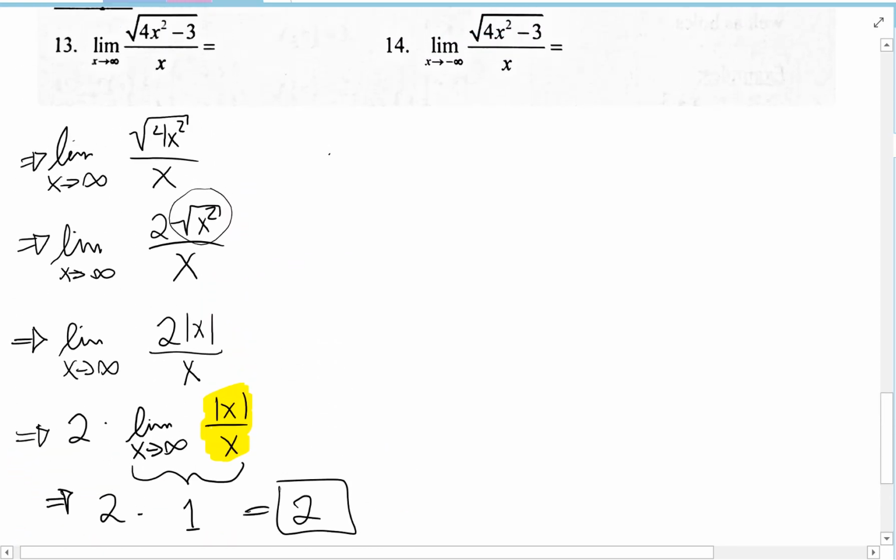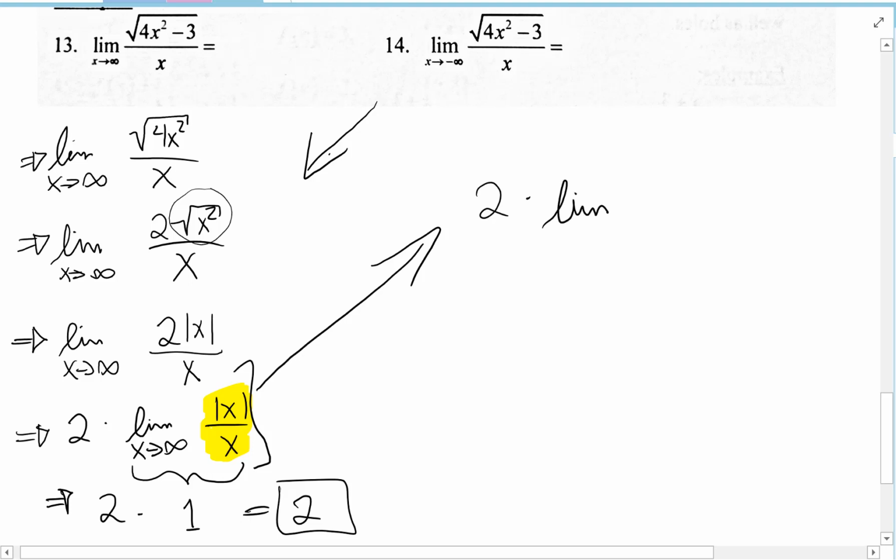Let's try this one. Same thing is going on, so the reducing that we did over here, we do not have to do that again. I just want to get to the last step that has a limit still in it. So this step is what I'm going to take: 2 times the limit as x approaches negative infinity this time of absolute value x over x.